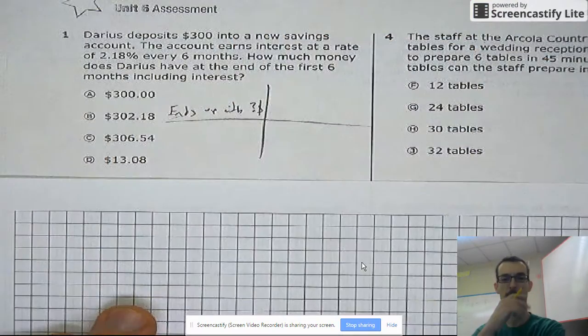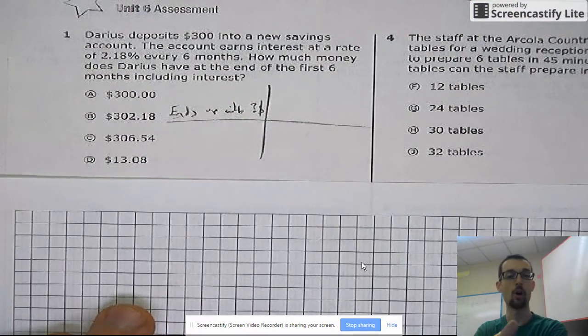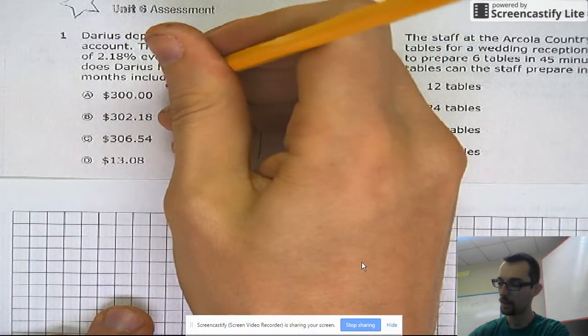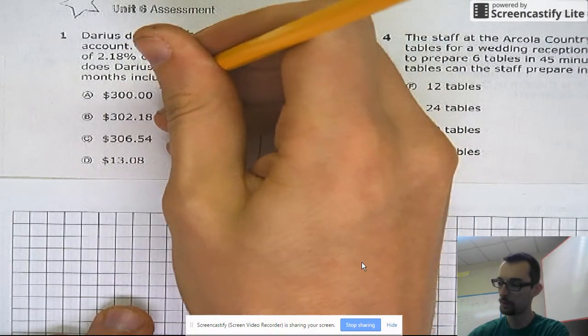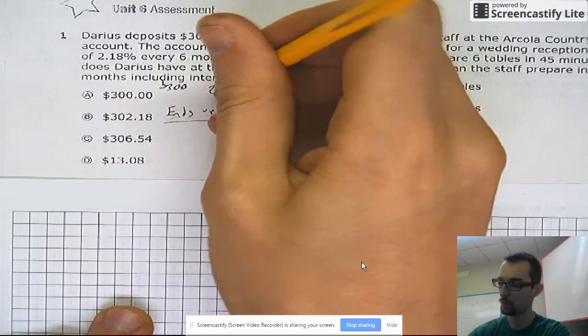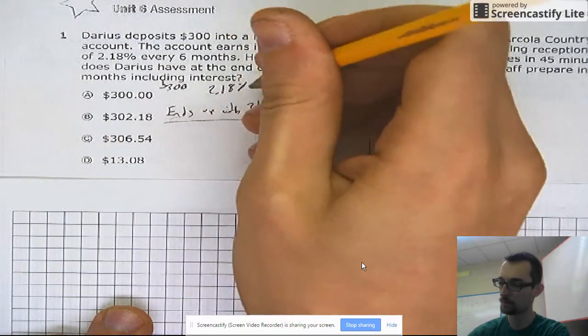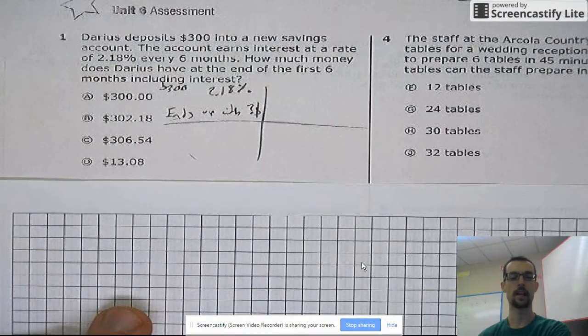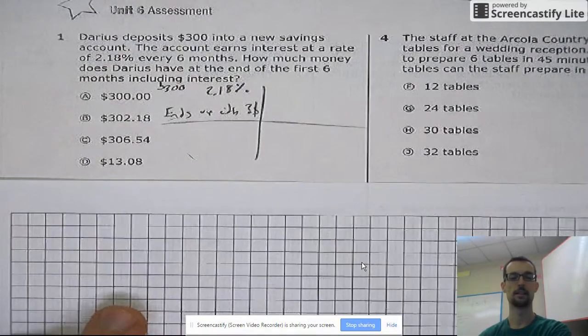What I know is how much he starts with. I know the percent. So I know that he starts out with $300 and he's at 2.18% every 6 months, right?